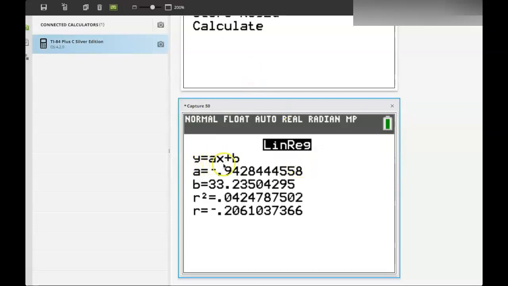So here is y equal to ax plus b. Our slope is negative 0.9428 and the y-intercept is 33.2350. And our correlation coefficient, we need that one. R is negative 0.206. I'm rounding that to this number.